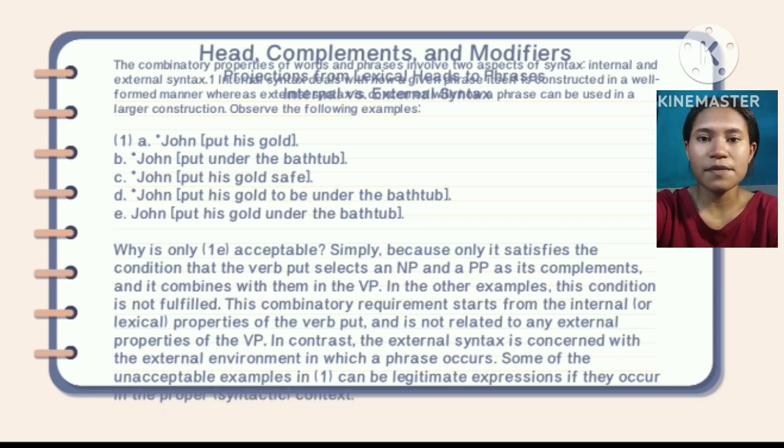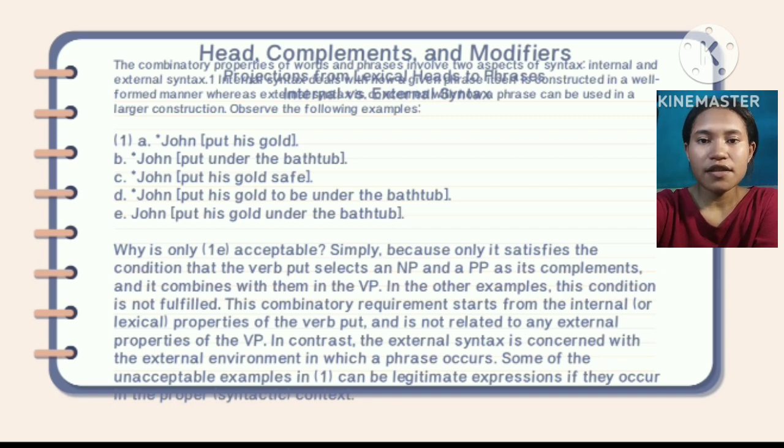We have also observed that the grammatical function and form of each constituent depend on where it occurs or what it is combined with. The combinatory properties of words and phrases involve two aspects of syntax, namely internal and external syntax.